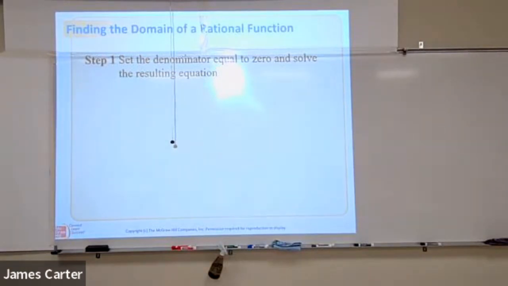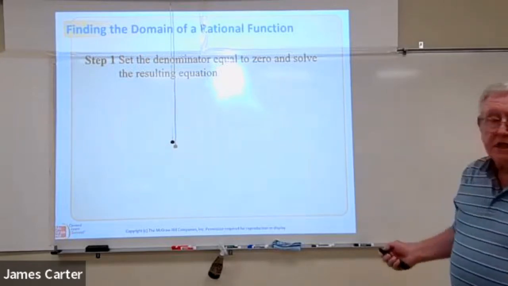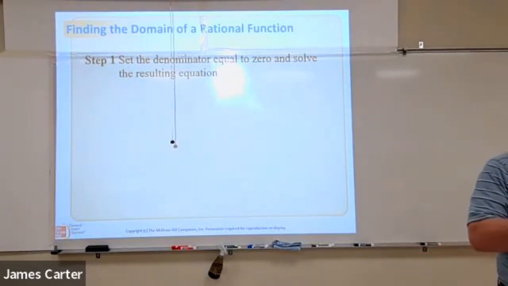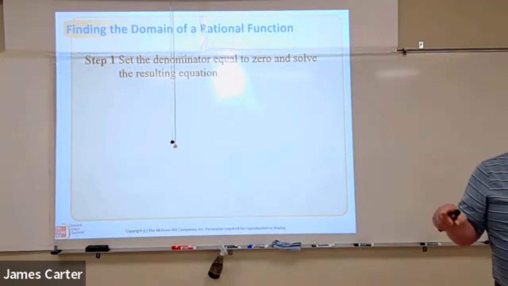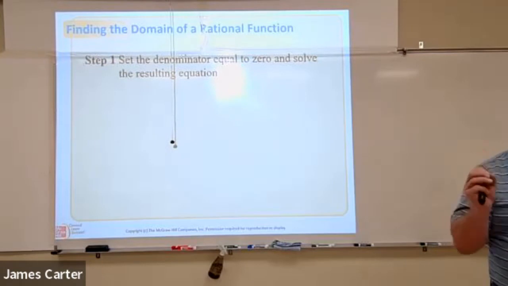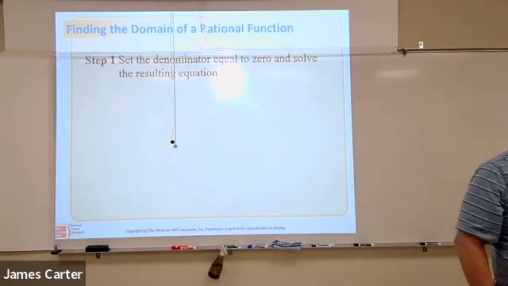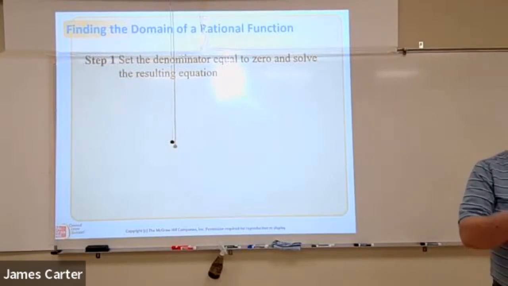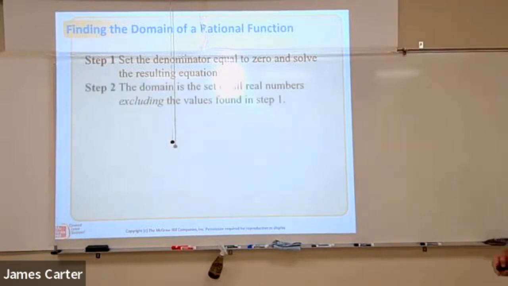That's how you determine the domain. You factor the denominator, use the zero products rule, and any numbers you get are numbers that can't be part of the answer set, because those numbers would give you a 0 in the denominator. Okay, that's what this is alluding to. In other words, the domain is everything except those when you set the denominator equal to 0 and get answers.